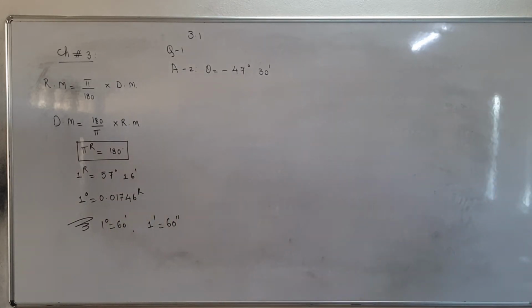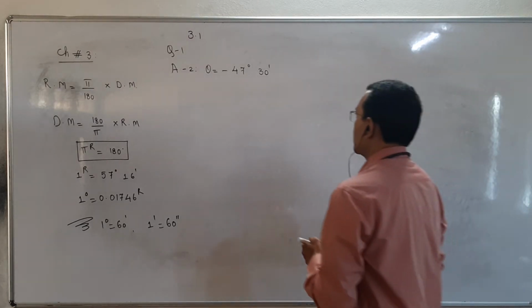Now students, as far as angle conversion is considered, negative sign indicates clockwise and positive sign indicates anti-clockwise.